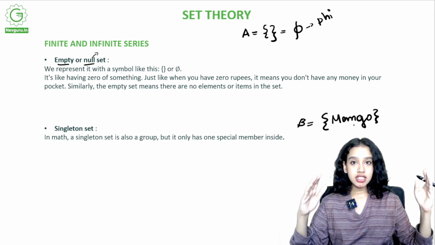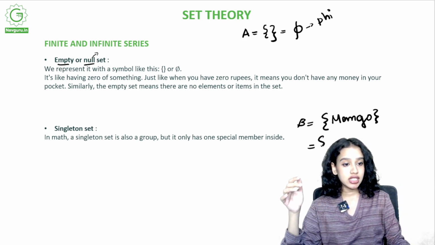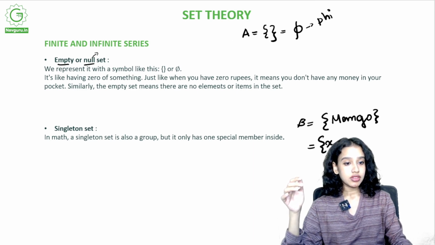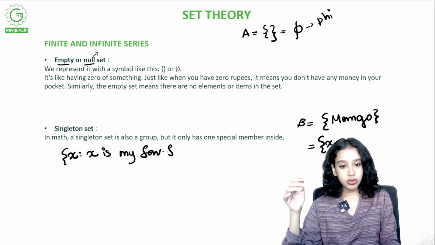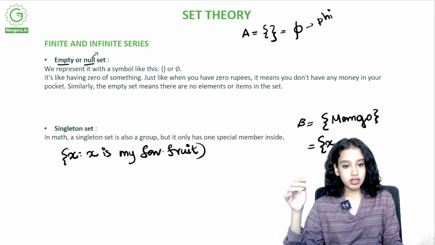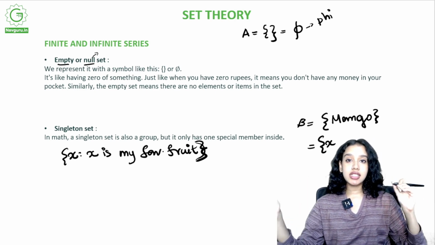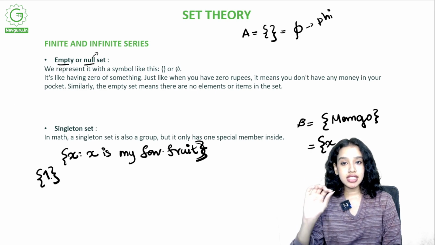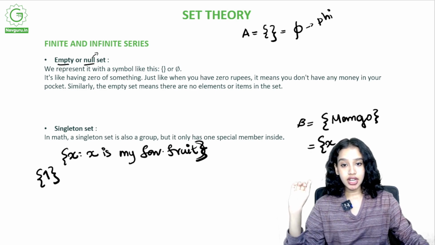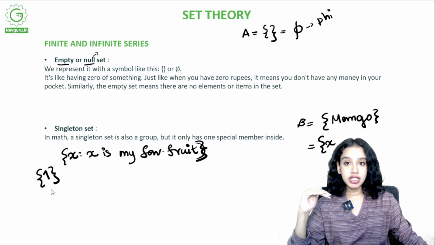So I'm just saying I have one favorite fruit and it's mango, and this set can be described as X such that X is my favorite fruit. Curly bracket, right? So this is a singleton set. If a set has only one element, that set is called a singleton set, right? Now we know what null sets or empty sets are, and what singleton sets are.